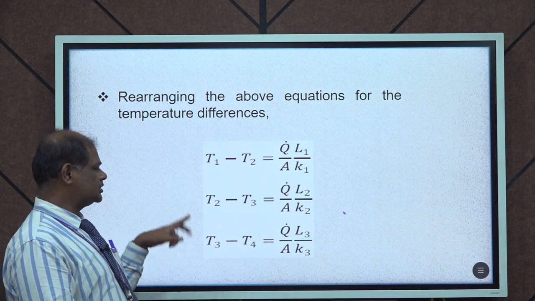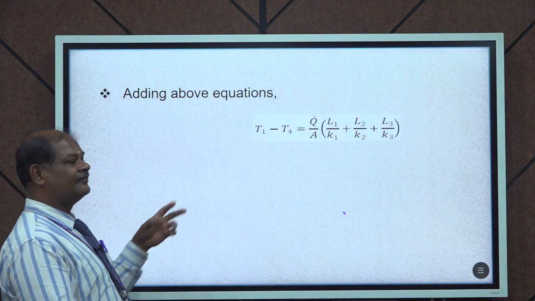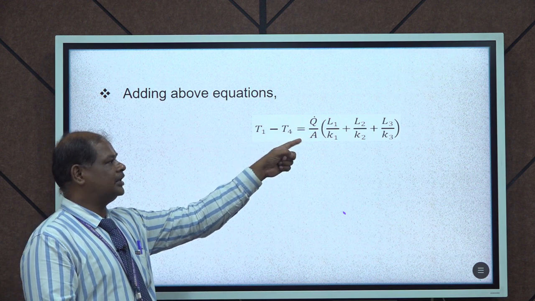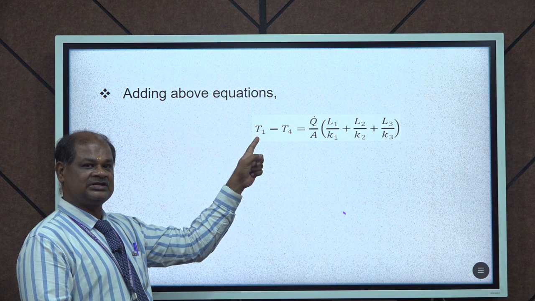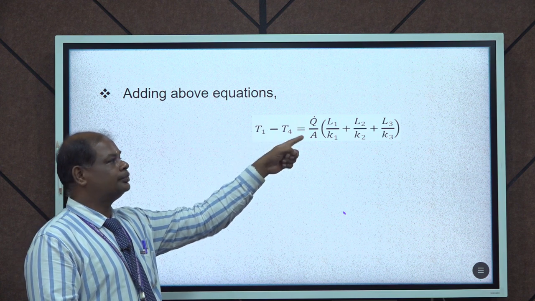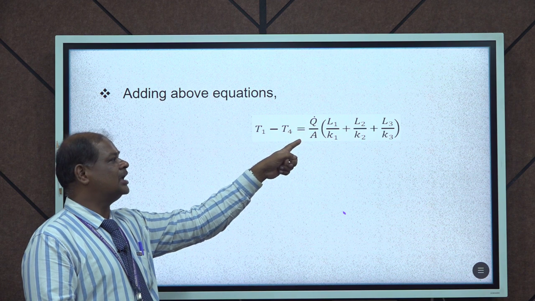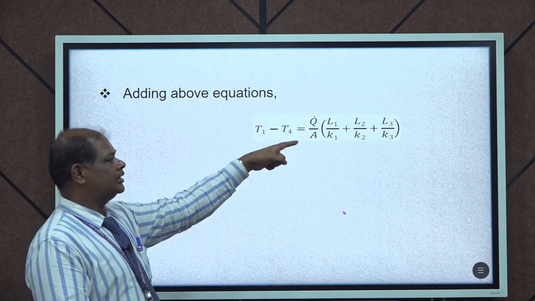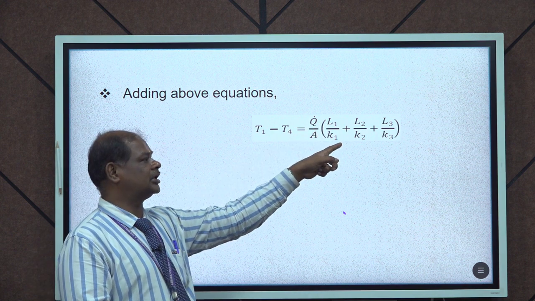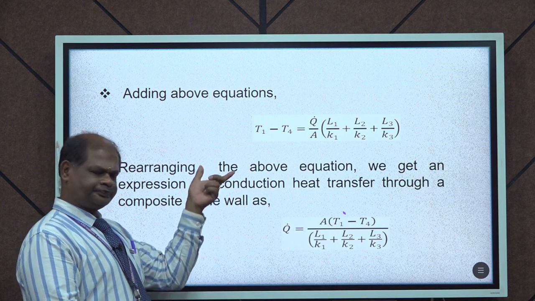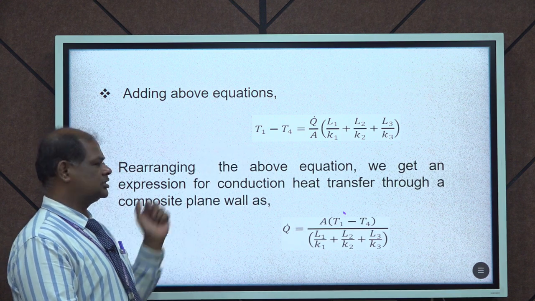Joining these equations, finally we get T1 minus T4 equal to Q by A into (L1 divided by K1 plus L2 divided by K2 plus L3 divided by K3), where T1 is the inlet temperature of the first layer, T4 is the outlet temperature of the third layer, Q is the rate of heat transfer, and A is the area, which is common. It is the rate of heat transfer through the composite structure.